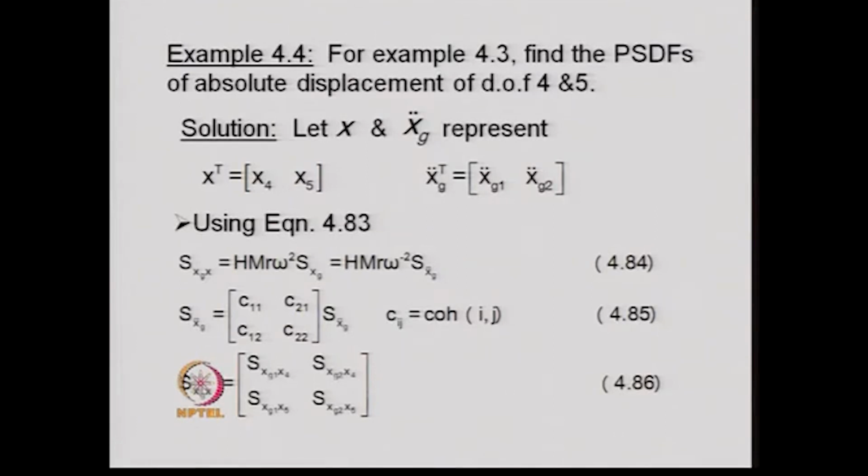and C12 and C21 are the cross power spectral density function terms. We had seen before that for the same earthquake producing different kinds of excitations at different supports, the cross power spectral density function between the excitations is equal to the power spectral density function of the earthquake, that is a single quantity, multiplied by the coherence function Cij.